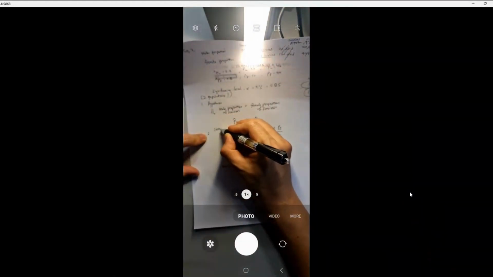Once I do the maths, I get negative 4.08. Okay, so that is step number 2 for getting the calculated Z.